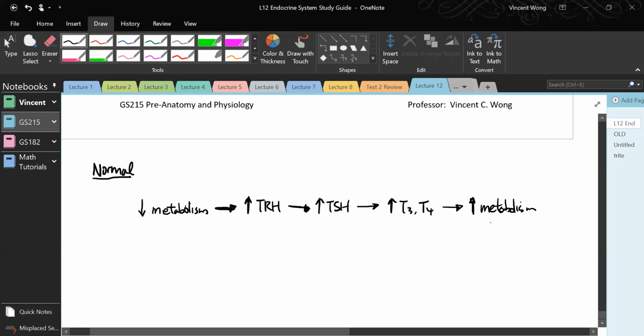At the same time, T3 and T4 will lower TRH and TSH through negative feedback, so you will lower TRH, it will lower TSH, which would then lower T3, T4, and then the metabolism comes back down. Once it comes back down, these are going to go up again, and it just keeps on going.